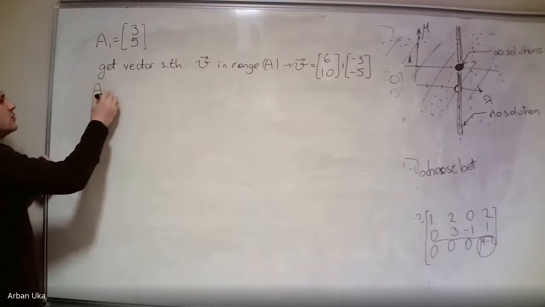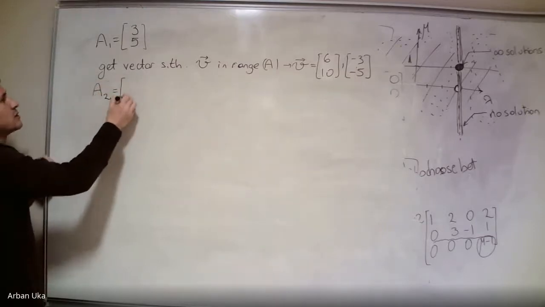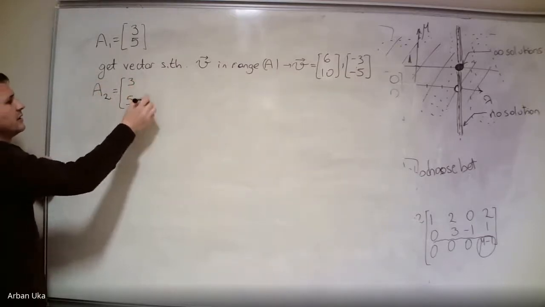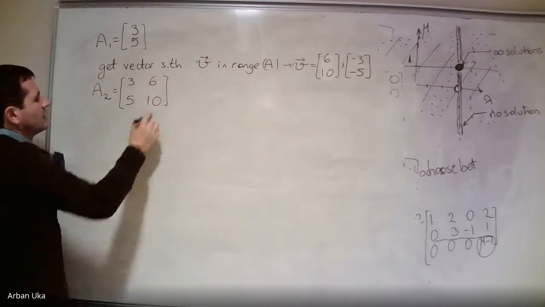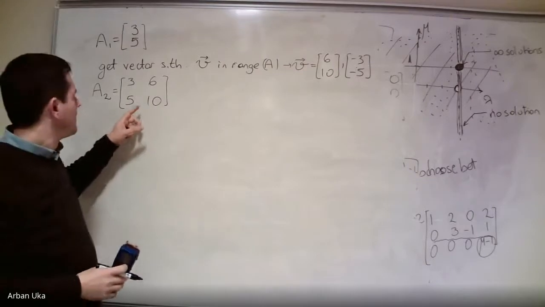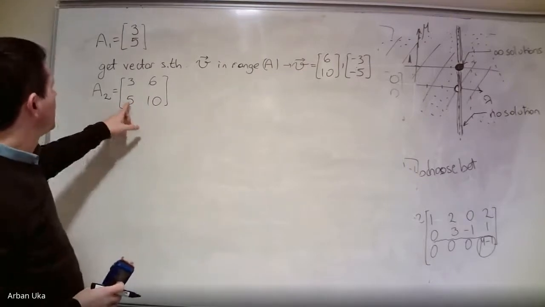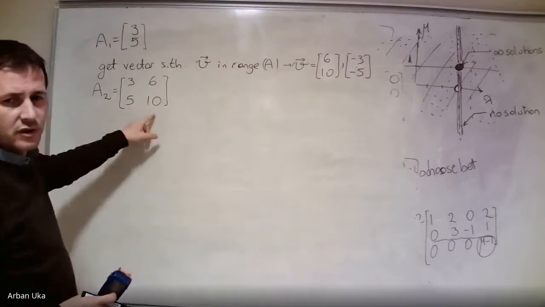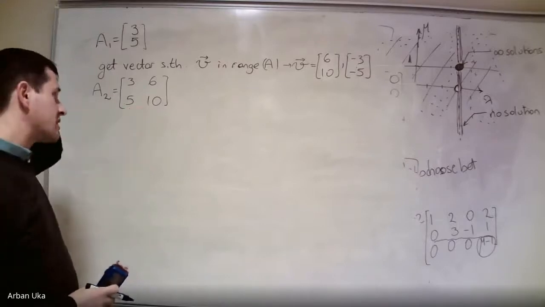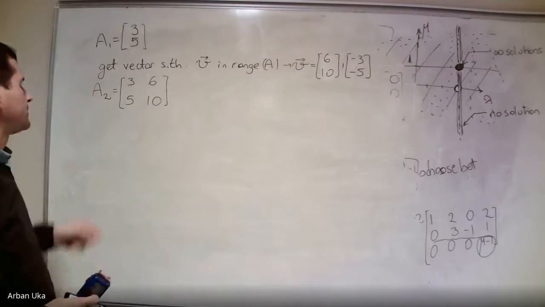Now, let's assume we have a matrix A2, which looks like this, 3, 5, and let's put here 6, 10. So I compose a new matrix using the previous vector and the range of this. What was the range of the first column? It was this. How does this matrix look to you?